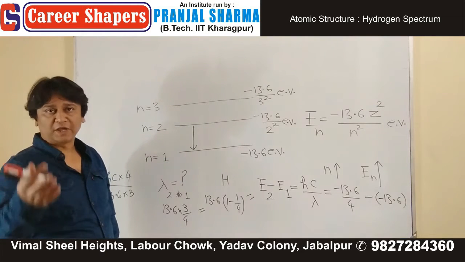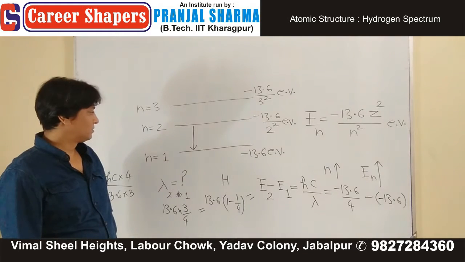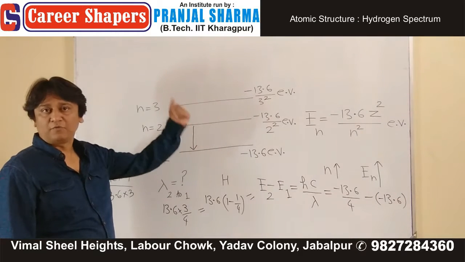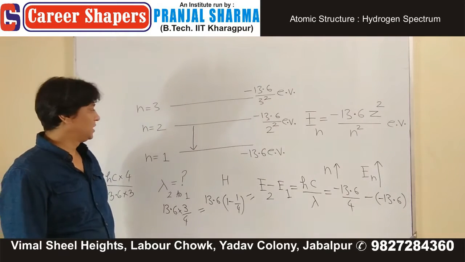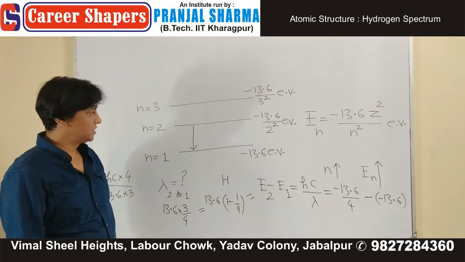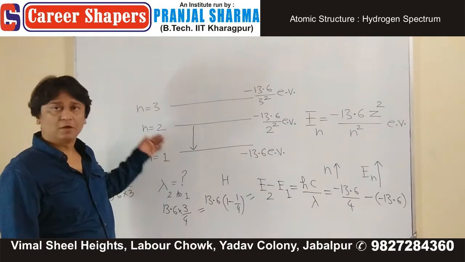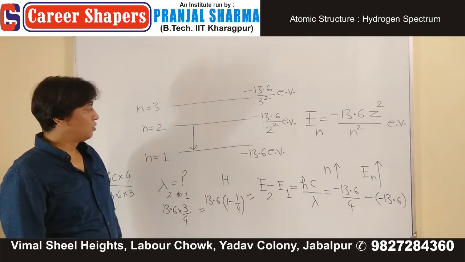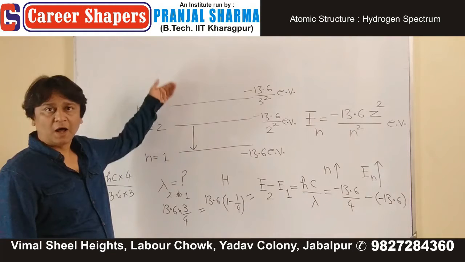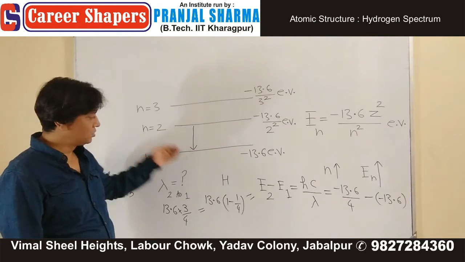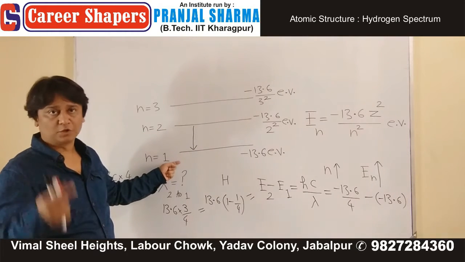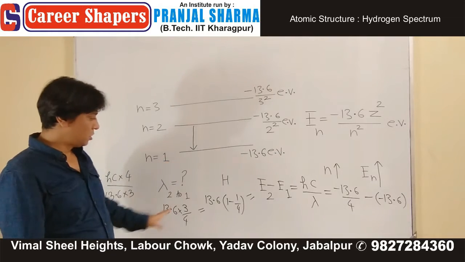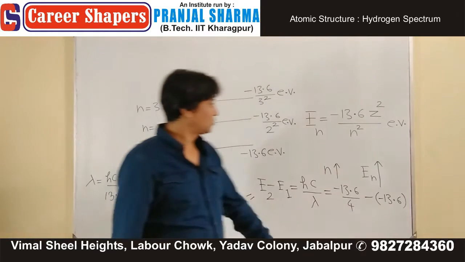If you have already seen these things in chemistry, in physics, anywhere, if you have the general idea, then can you tell me which series we are talking about when we go for jumps from higher energy orbits into n equals 1?